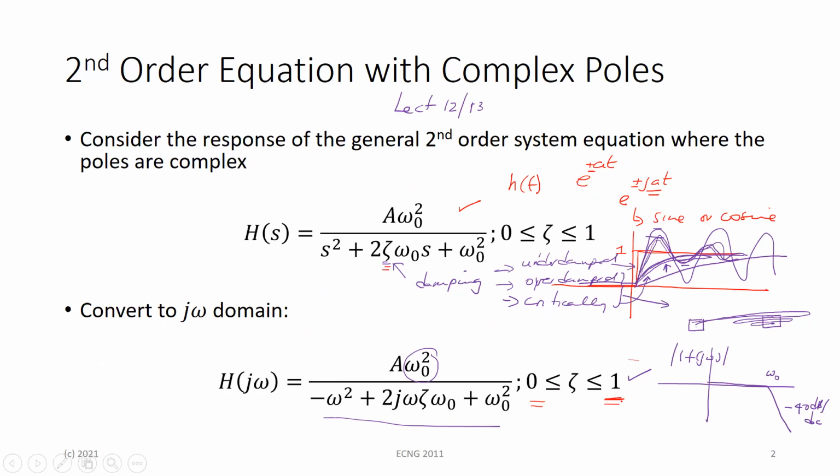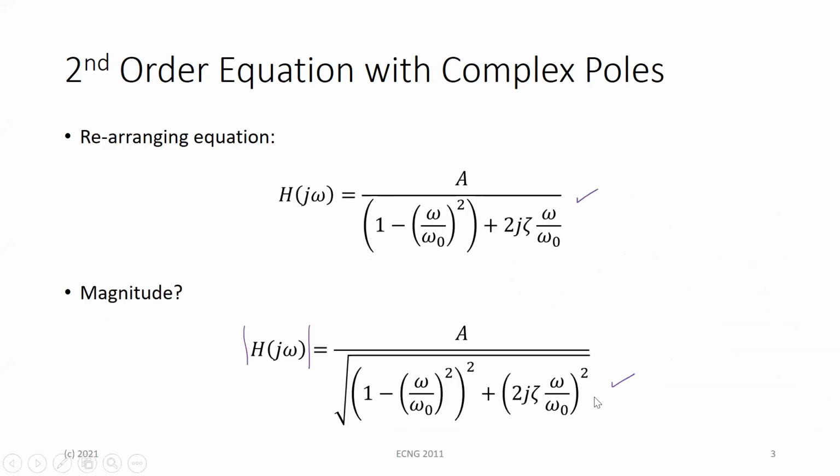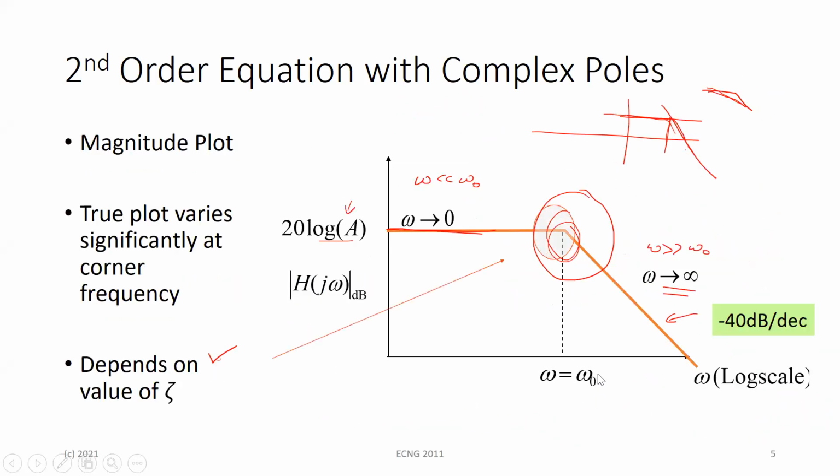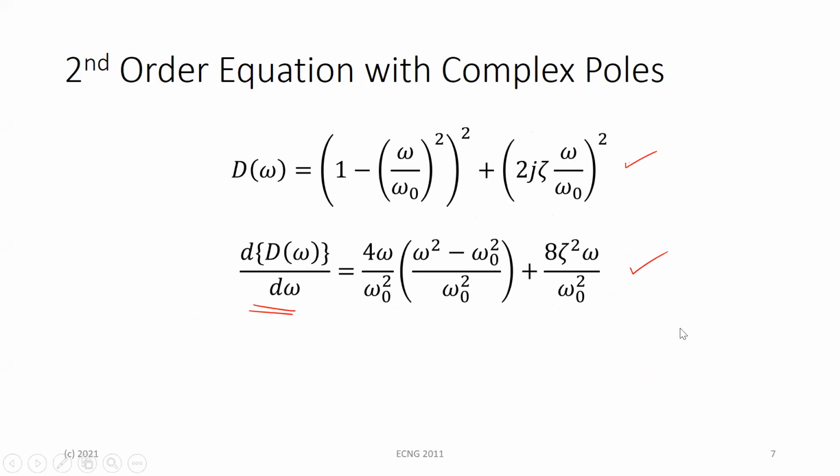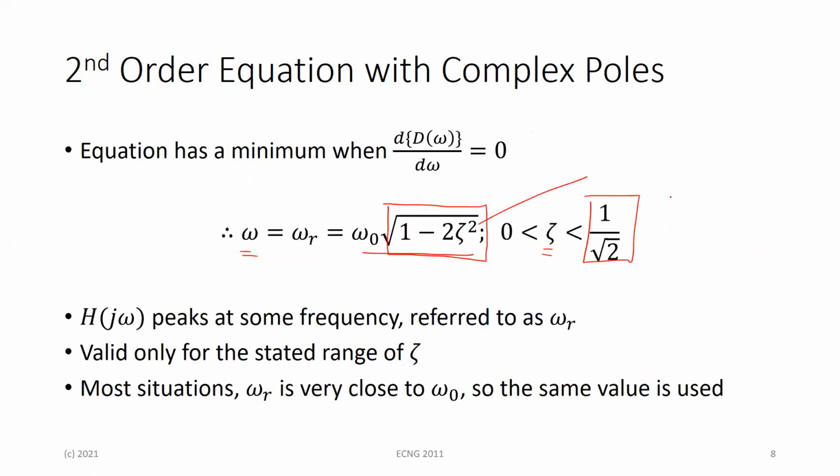But as we're seeing now, when you're looking at the frequency response domain, zeta is further constrained to between 0 and 0.707, right?